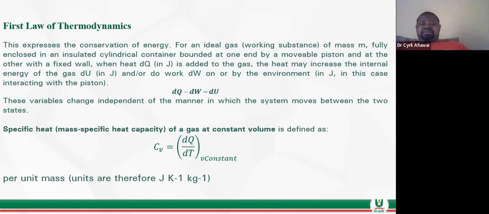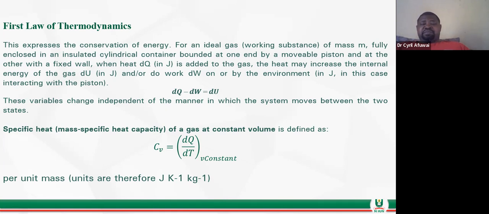Specific heat, that is mass specific heat capacity of a gas at constant volume, is defined as C subscript V equals change in heat over change in temperature at constant volume.